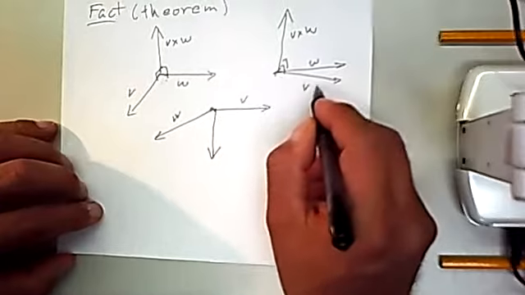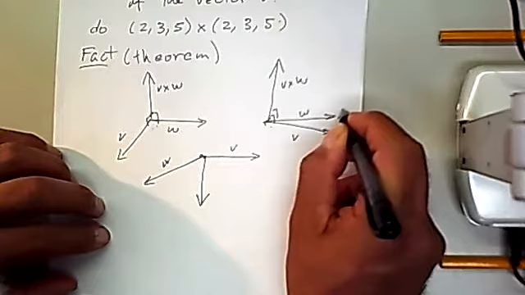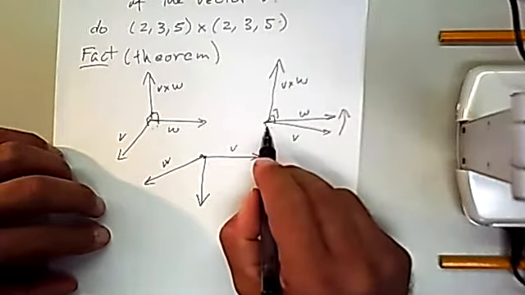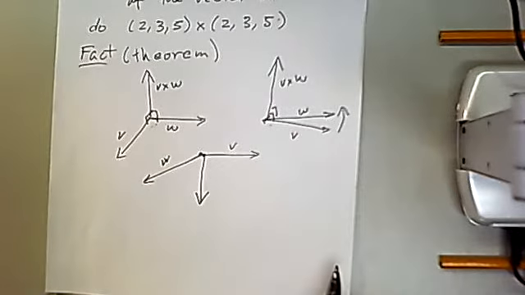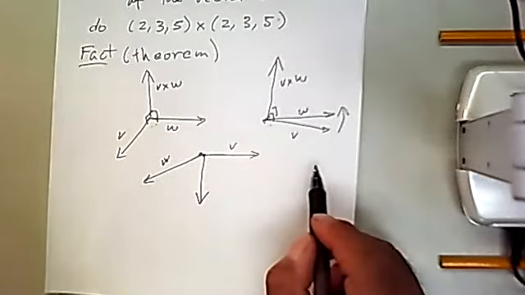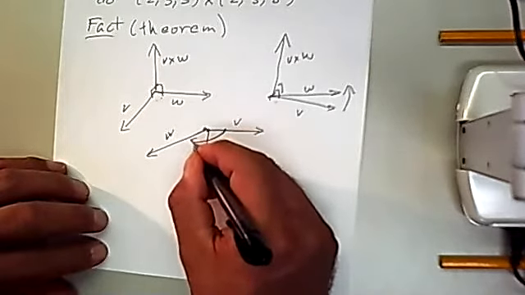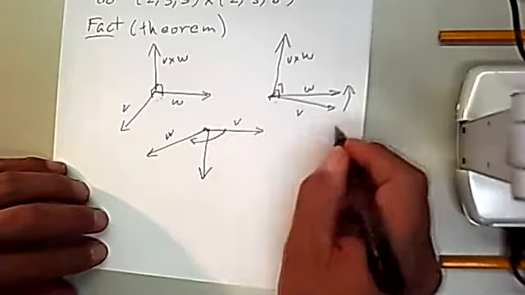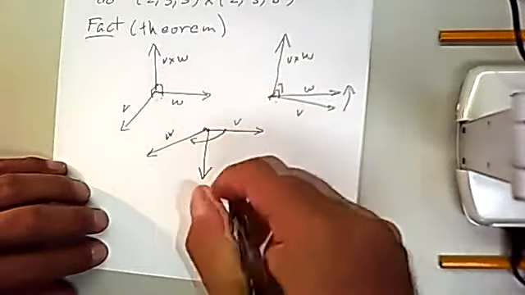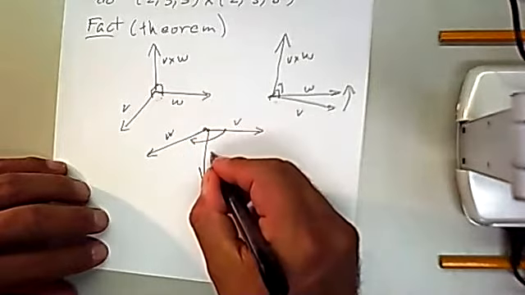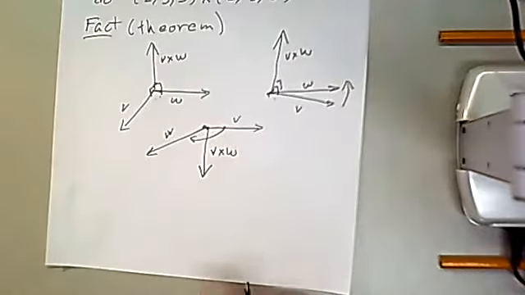By crossing V with W, we are thinking we're going this way, and that causes the resultant cross product to go in that direction. So down here, we go the other way. If we look at it from the top, instead of going counterclockwise, we're going clockwise. And so the resultant product of V cross W will be going down instead of up, according to these pictures.